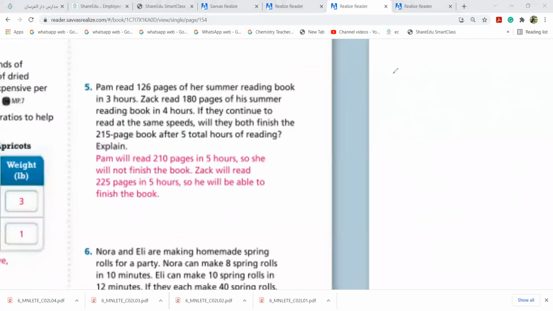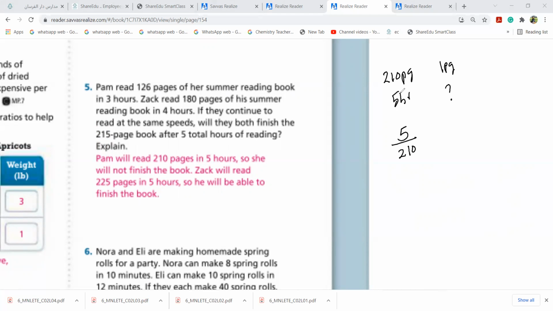Pam will read 210 pages in 5 hours. So one page is how much? You will divide 210 over 5. One second, don't write until I do this.